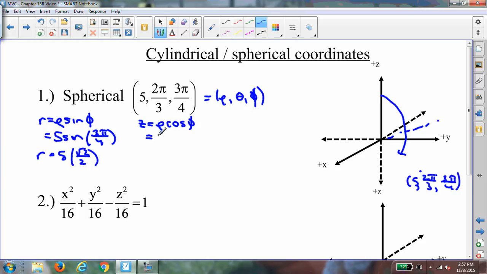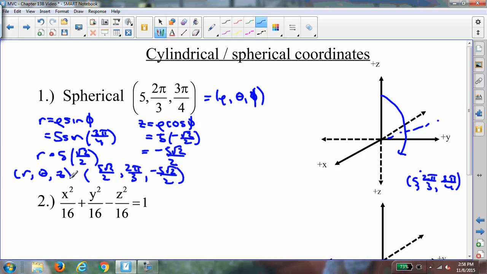So z is going to be 5 times negative square root of 2 over 2, which would be negative 5 square root of 2 over 2. So in cylindrical, the coordinate system would be 5 square root of 2 over 2, 2 pi over 3, and then negative 5 square root of 2 over 2, which is in the format r, theta, and z. So this would be the coordinate system in cylindrical.